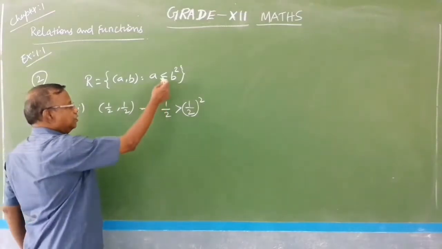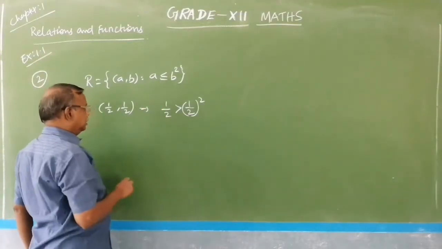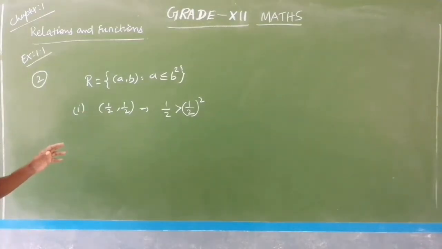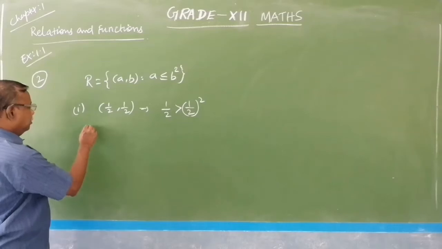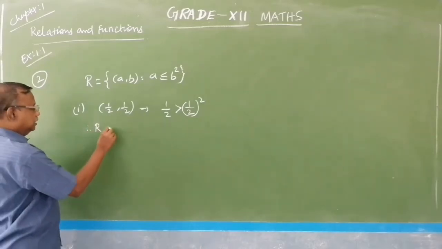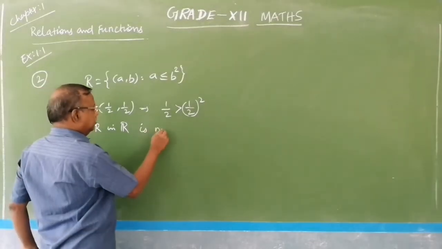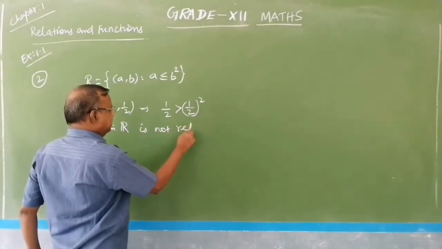It is not less than or equal to b squared. Therefore the relation R in the set of real numbers is not reflexive.